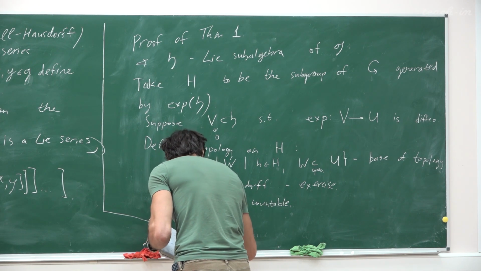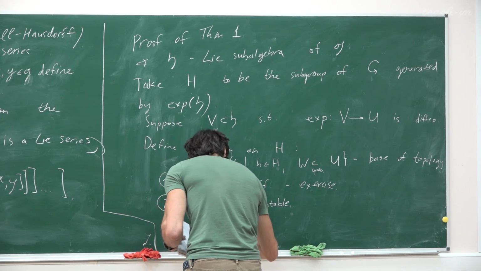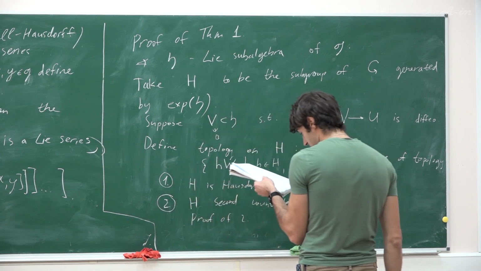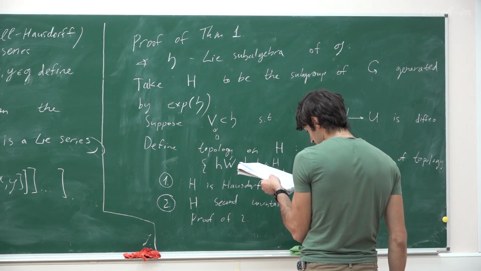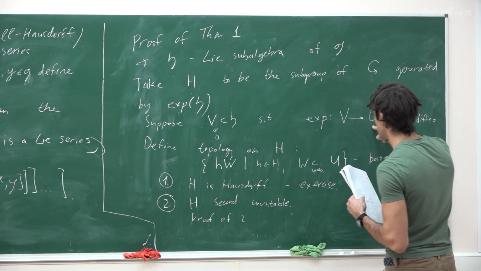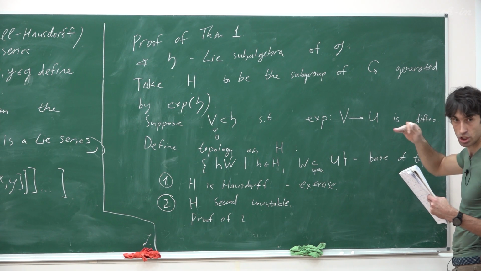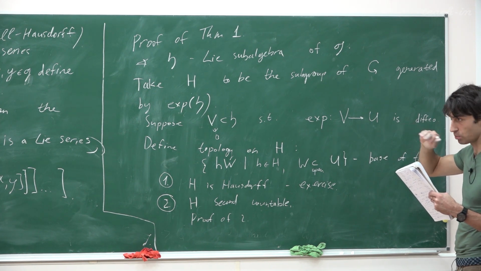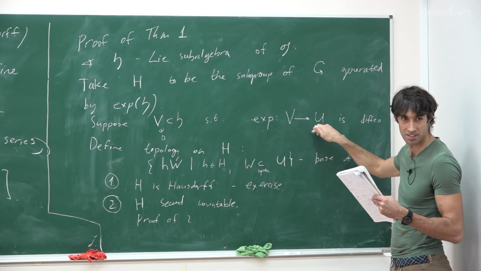So proof of 2. The thing is that U, right, it's actually a submanifold in G, with just one chart, this one, right?